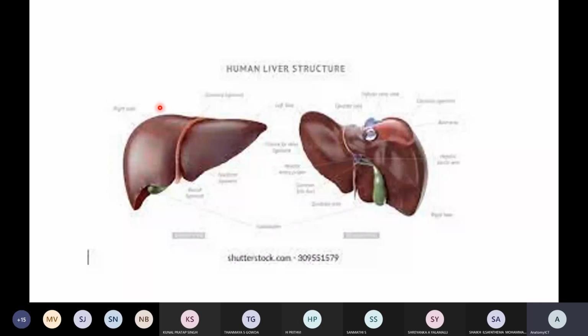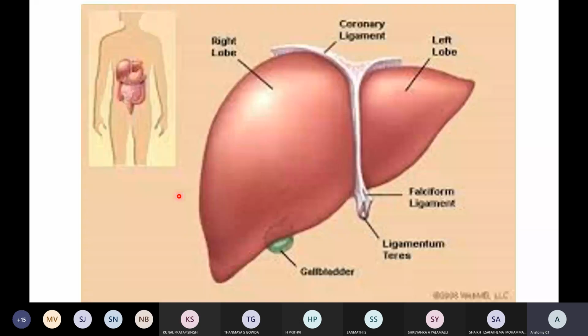Right and left coronary ligament, this is the falciform ligament, and extending towards the lower side is the ligamentum teres, right? Now this is how you can say: this is the right coronary and left coronary ligament, this is the falciform ligament, and extending below is the ligamentum teres.